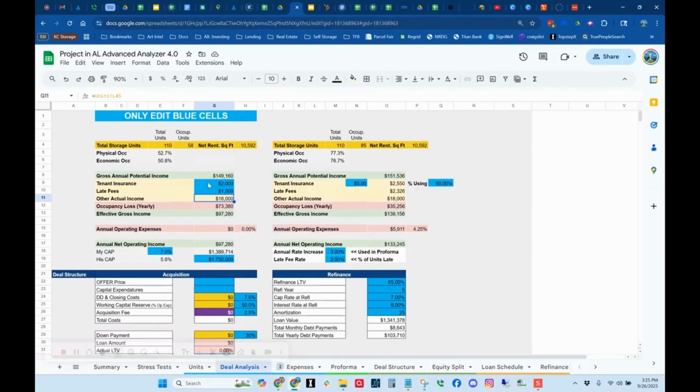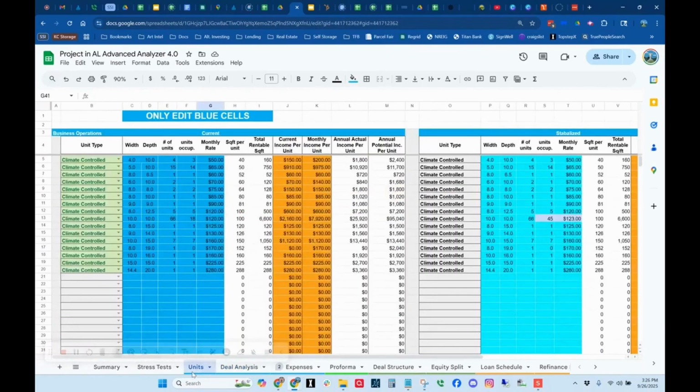actual income. The occupancy loss is calculated using the economic percentage here, which is calculated using the actual units that are in service that you input over here to these units that are actually occupied.